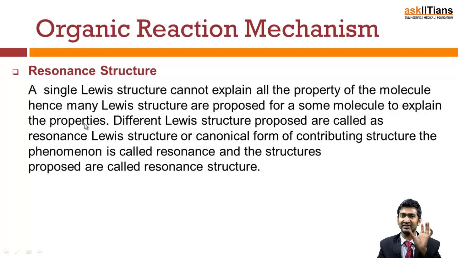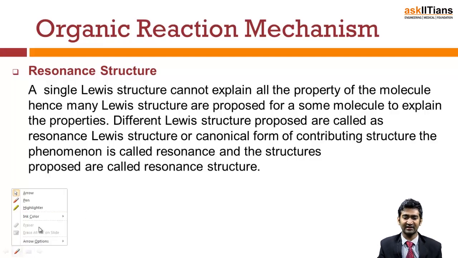Whenever a single Lewis dot structure cannot represent a particular molecule, we represent it by 1, 2, 3 or 4 structures, however many it can take. We say that all of those are canonical forms.